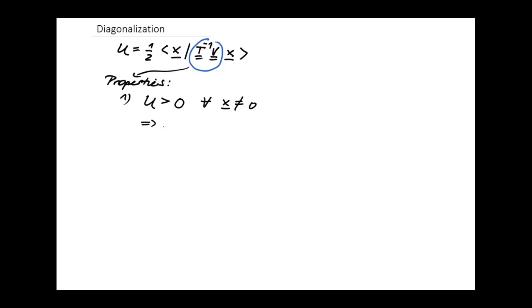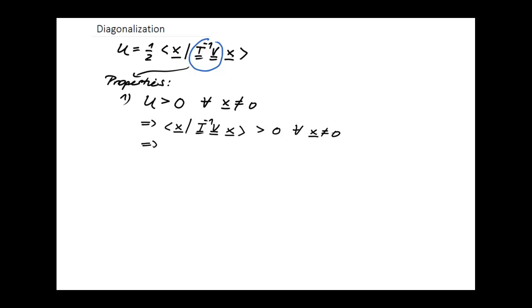This implies that the new scalar product of x and T inverse V x must be strictly larger than 0 for all non-zero vectors x.